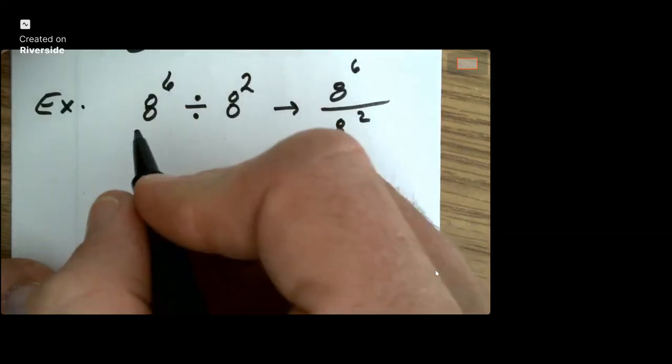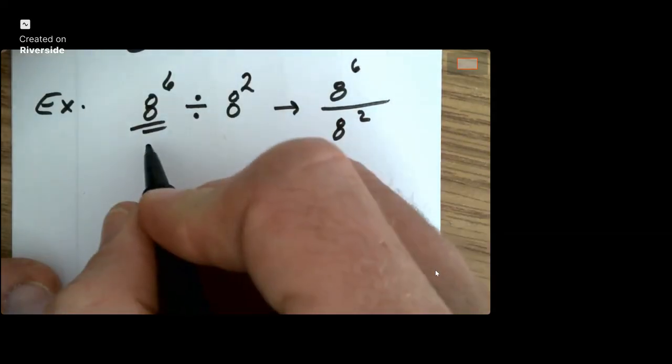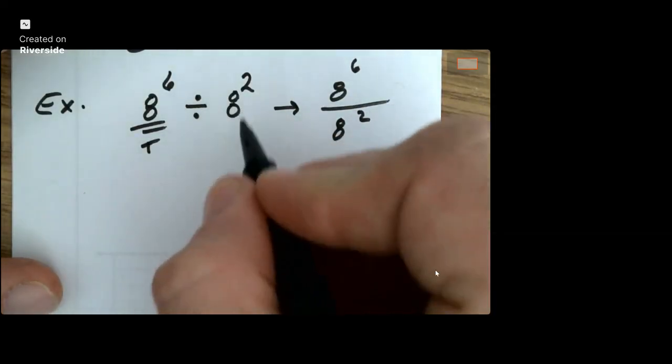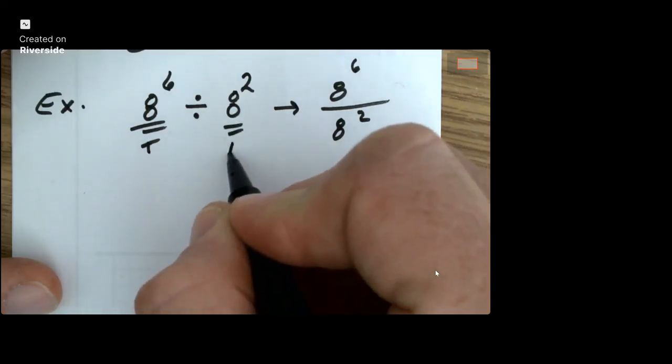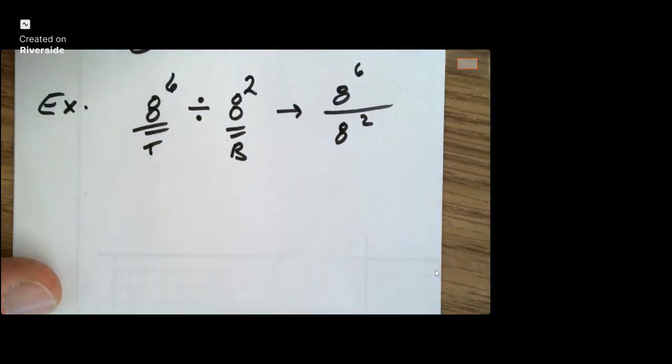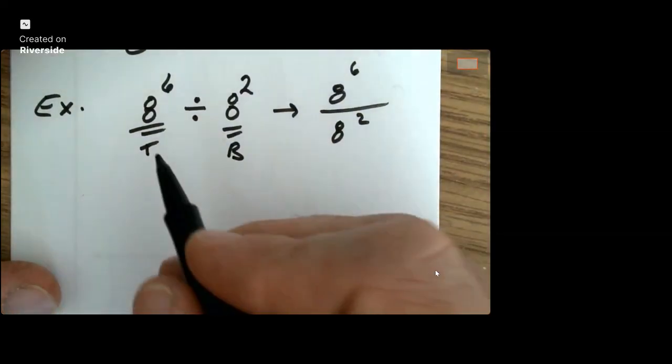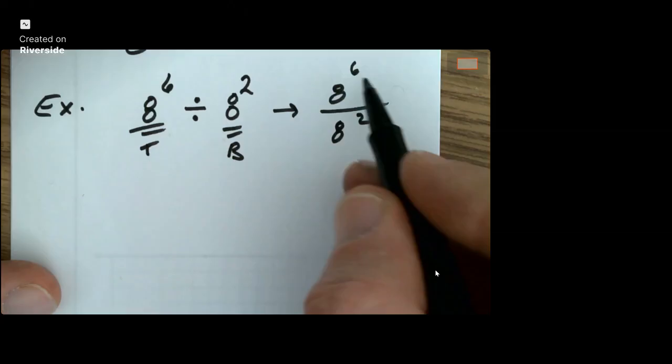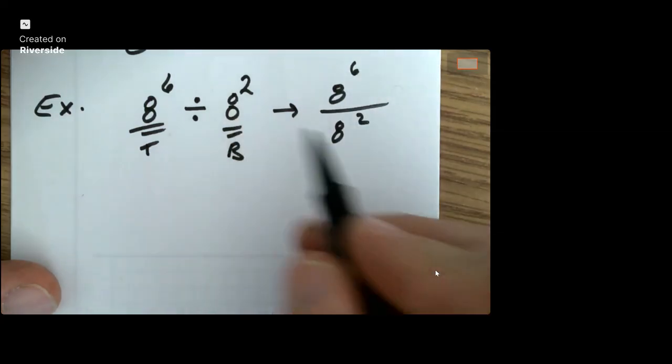The first number in the division problem always goes on top, and the second number in a division problem always goes on bottom, right? Not necessarily the bigger number. A lot of people think the bigger number always goes on top. Well, it's not always that way, right? The first number written in the division problem always goes on top. The second number always goes on bottom.